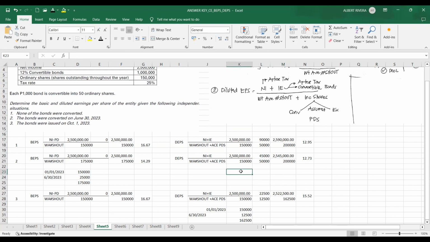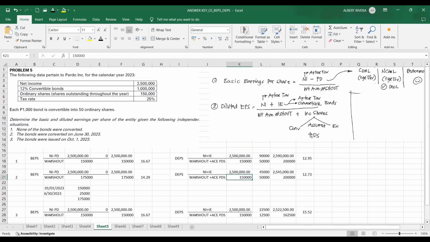Okay? Then how about your denominator? Your denominator, class, listen, this is only an assumed conversion. Okay? So the diluted earnings per share is not affected by the actual conversion because the formula says that diluted earnings per share assumes the conversion. And the conversion or exercise is assumed to happen at the time that the potentially dilutive securities were issued.